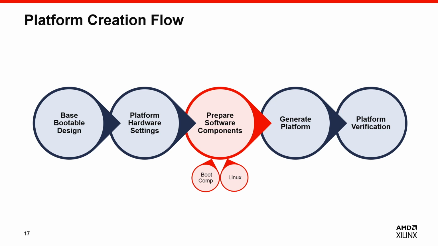If you already have a working Linux environment from the base bootable design, you need to update your software environment to enable XRT support. After hardware and software components are ready, user can link them together and create their Vitis platform XPFM file. The platform creator should verify the platform before delivering it to application developers.